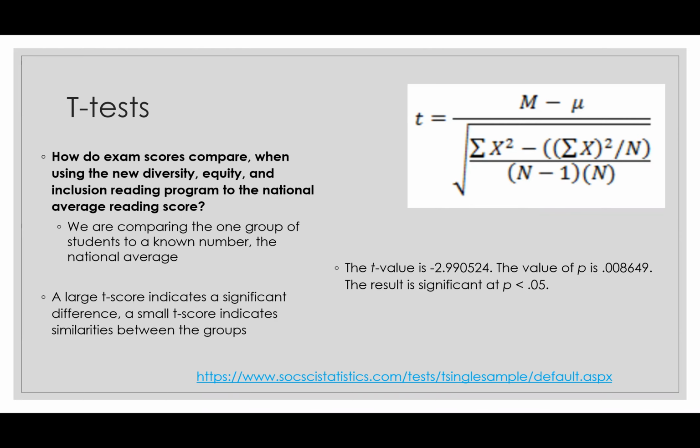In this formula, M is the average score for your test score, and mu, that fancy U-looking letter, is the known average test score, again, that national score that we're looking at here. Of course, X is the average there.